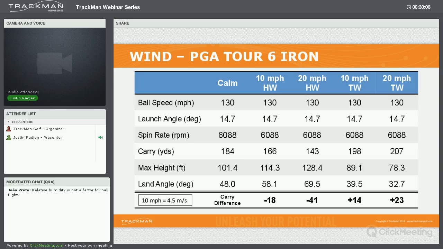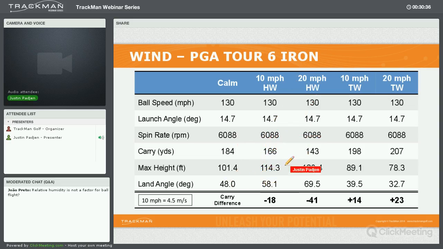Usually it seems like people tend to say what the gusts are, and then that's how they judge the wind. So this is a constant 10-mile-an-hour headwind or a constant 20-mile-an-hour headwind. It may be a little bit more severe than what you consider a 10-mile-an-hour headwind, but it's interesting to see how much that really affects the ball flight, how much it affects the height, and also the landing angle.